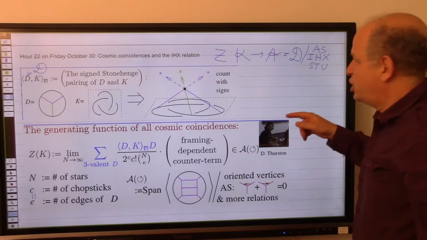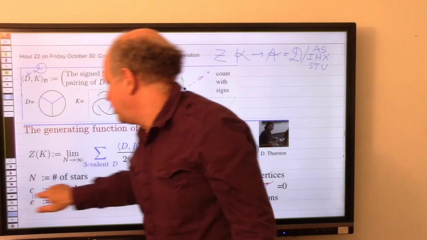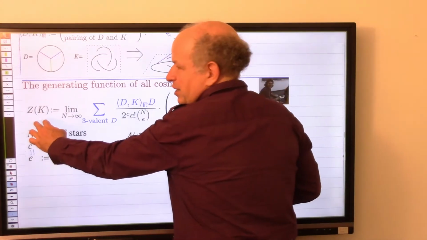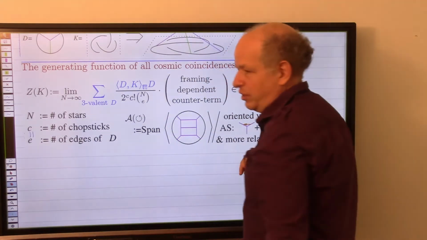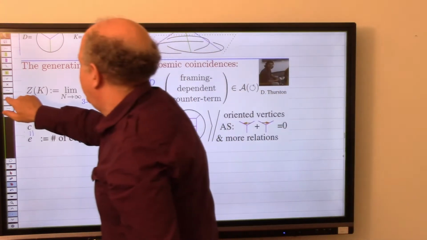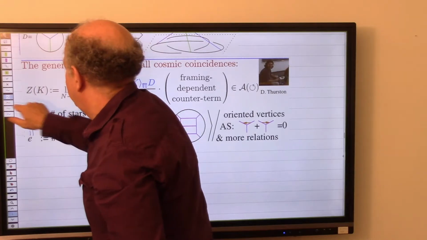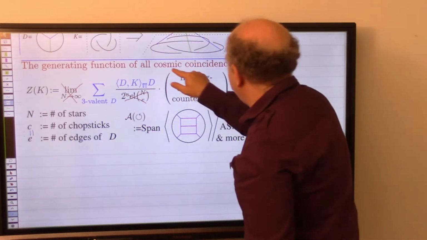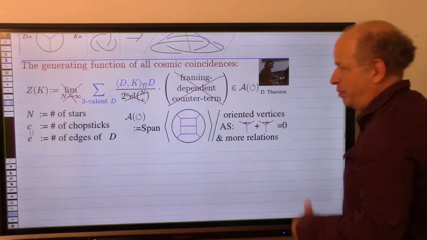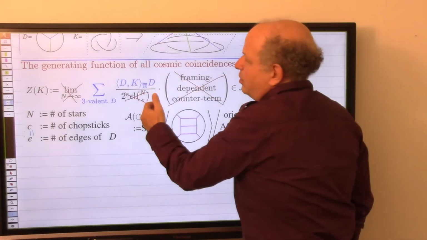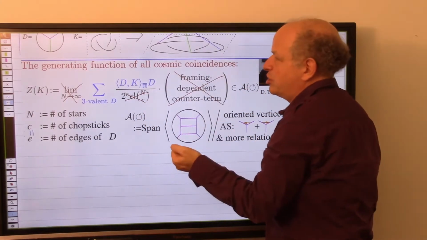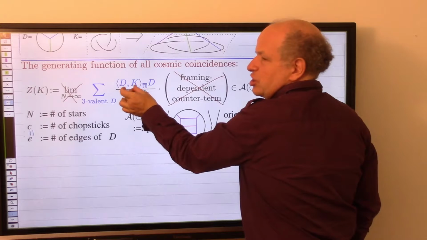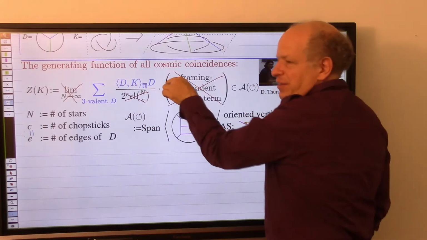And then you make a generating function out of this. You define Z of K, the Z that we're looking for, to be the sum, ignoring the normalization things. It's just the generating function of all such cosmic coincidences. You sum over all diagrams the number of cosmic coincidences for that diagram times that diagram.